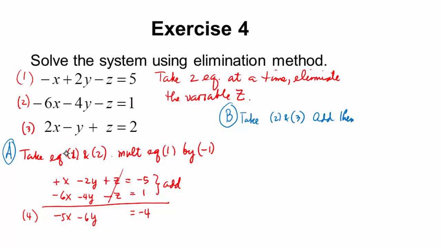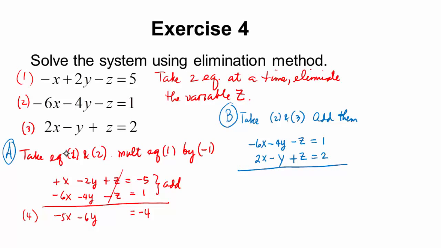So let's do that. And what do we get? We're going to get minus 6x minus 4y minus z equals 1. And for equation 3, you get 2x minus y plus z equals 2.